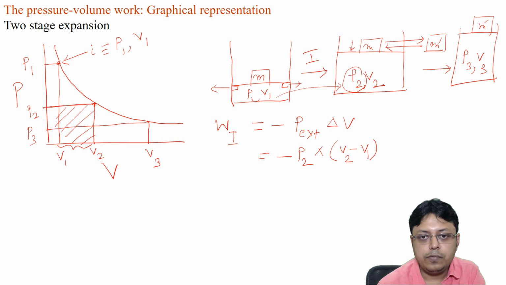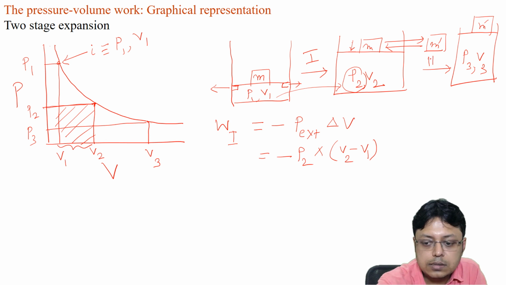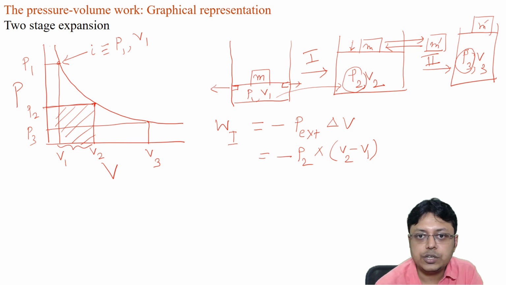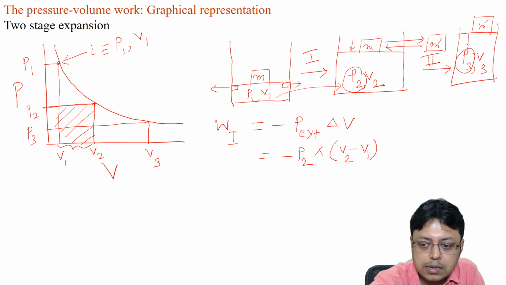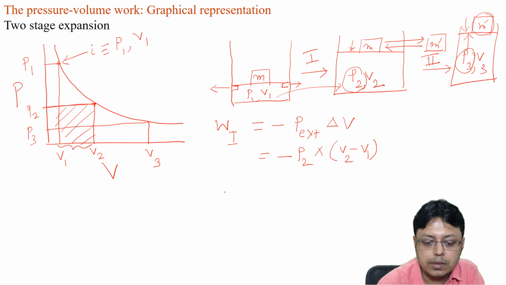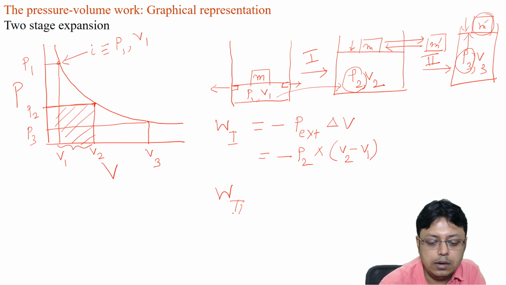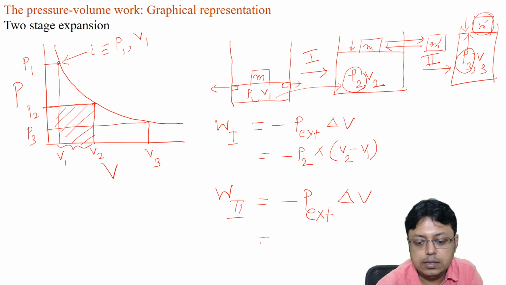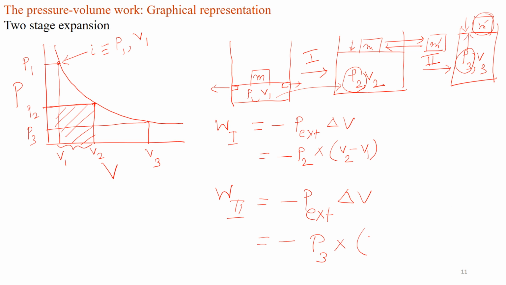Similarly, in the second step, step number 2, the gas further expanded until the pressure is P3, which balanced the opposing pressure created by the mass M prime. The work done in step 2 uses the same formula, P external into delta V. In this case, P external is P3 times the change in volume, V3 minus V2.